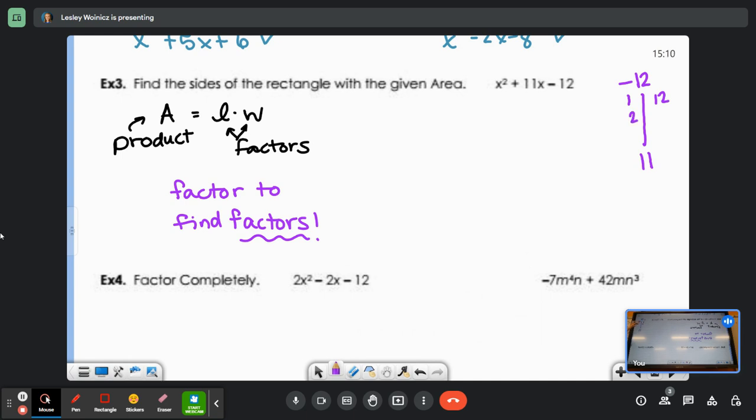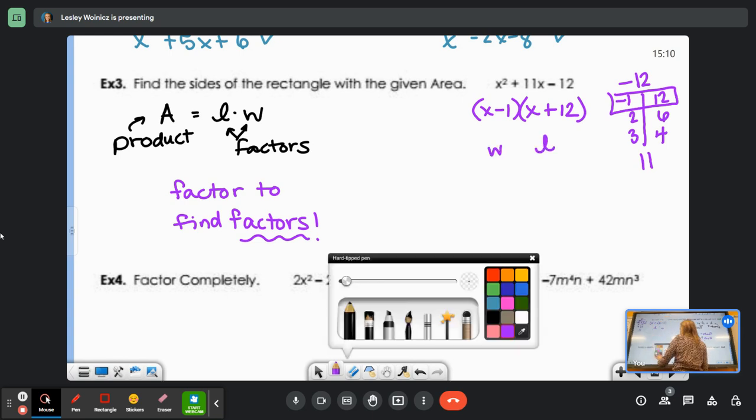1 and 12, 2 and 6, 3 and 4. You're close. Oh, -1 and 12. Okay. So that would be x minus 1 times x plus 12. And we can say that this one is the width and this one is the length.